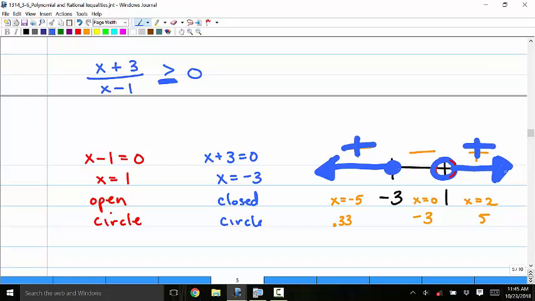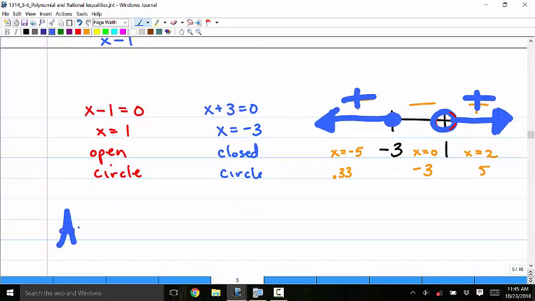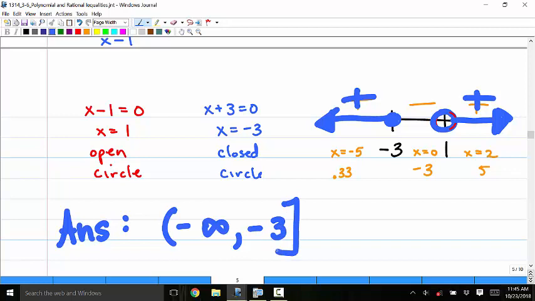Yes? So my answer: negative infinity with a parenthesis to negative 3 with a bracket, union, parenthesis with a 1 up to infinity.